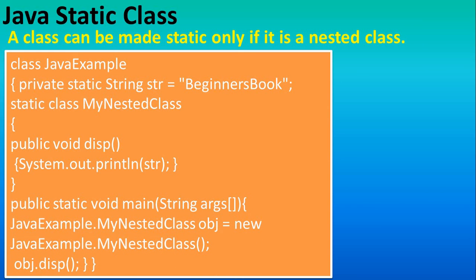And then in the main method, when we are calling that nested content, we use that initial class, and then the nested class, its object equal to new initial class and nested class, and by using that we can call the display method here, because this is a nested class and it will show you the output of str, that is beginner book. So in this way you have to use nesting.